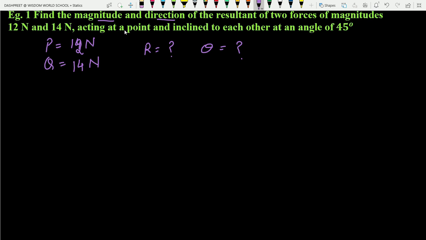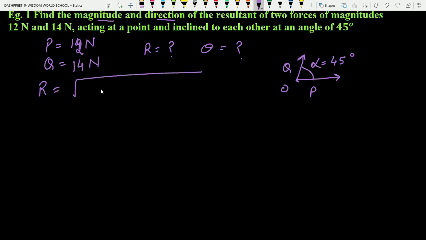तो यहाँ पे पैरेललोग्राम लॉ ऑफ फोर्सेस वाली कंडीशन भी सेटिस्फाई हो रही है कि P और Q जो दो फोर्सेस हैं, they are acting at a single point O and inclined to each other at an angle of 45 degree. और दोनों के बीच में जो एंगल है अल्फा, that is equal to 45 degree. तो रिजल्टेंट का फॉर्मूला हम लगा देंगे इसमें, R is equal to root of P square plus Q square plus 2PQ cos of alpha.